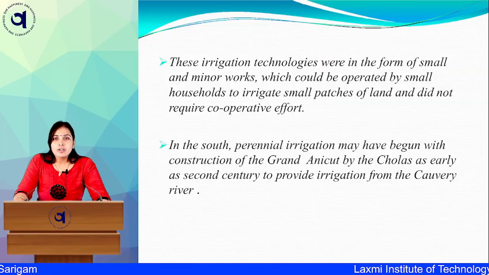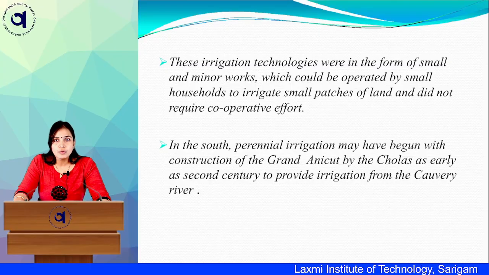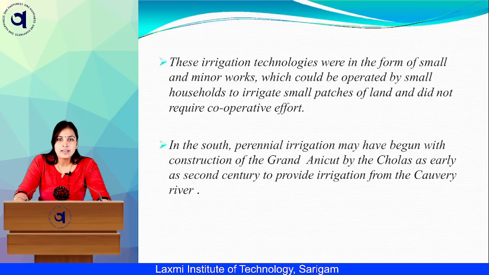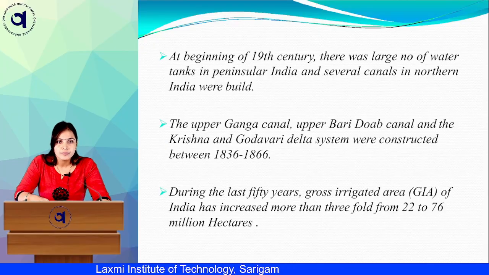Irrigation technology in the form of small and minor works was used, which could be operated by a small household to irrigate small patches of land and did not require cooperative effort. In the south, perennial irrigation may have begun with the construction of the Grand Anicut by the Cholas as early as the 2nd century to provide irrigation from the Kaveri river. So this is the history behind the irrigation system.